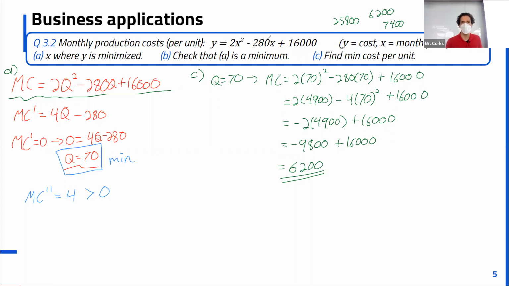Just to give you a sense of what these graphs look like, let's do it. The total cost function, there is actually a way to figure it out from this. You could just do the derivative rule in reverse, which we haven't done, but that's another big area of calculus. If this was the original function, our total cost, then the marginal cost function would look something like this.